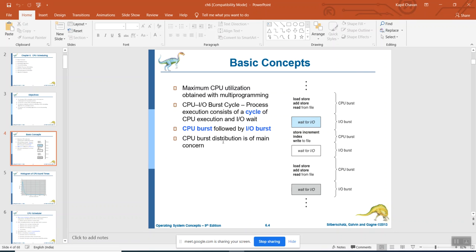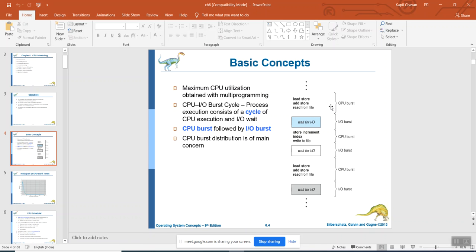The CPU burst should be followed by the IO burst, and the CPU burst distribution is the main concern. Here you can see that when I want to complete a process, first I give it the CPU, then I give it the IO.